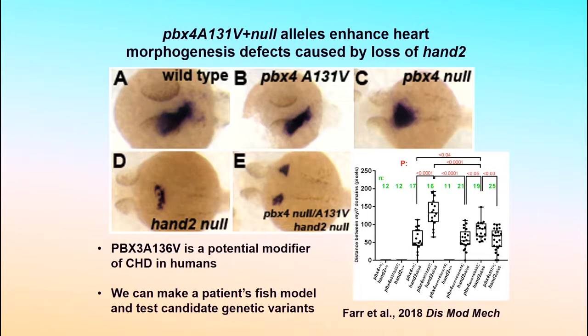And what this also means is that we can make a patient's fish model and test candidate genetic variants, essentially not only in heart defects, but in other diseases as well. And so we recently published this work earlier this fall.